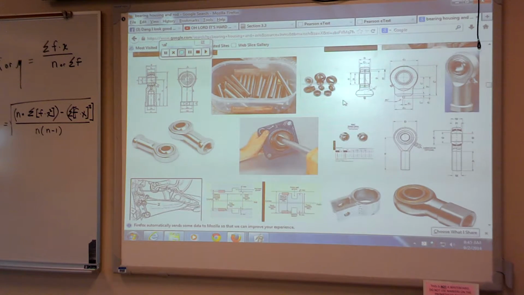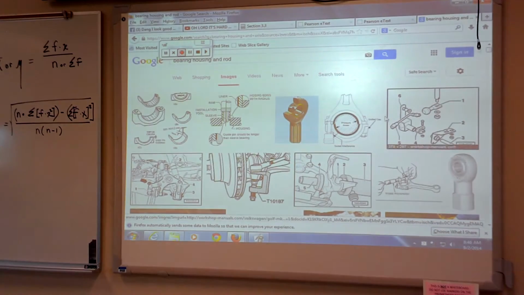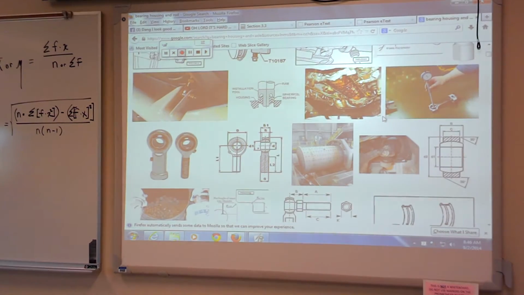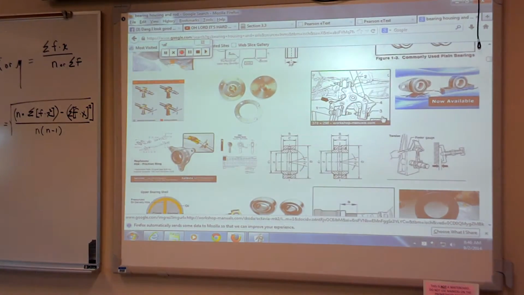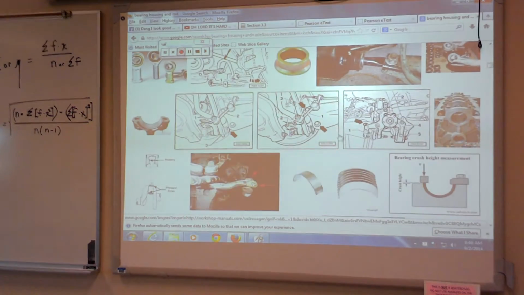Okay, well here's an example right here of slop. All right, a bearing is, probably would show a bearing somewhere. That's a bearing right there. A bearing is a piece of metal.